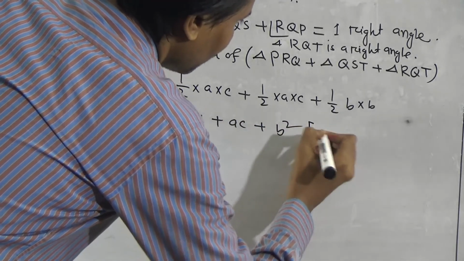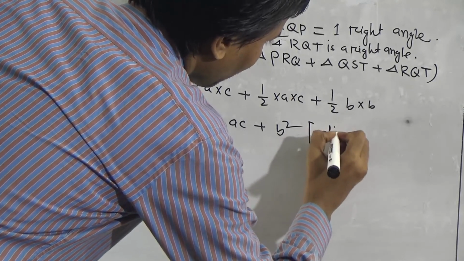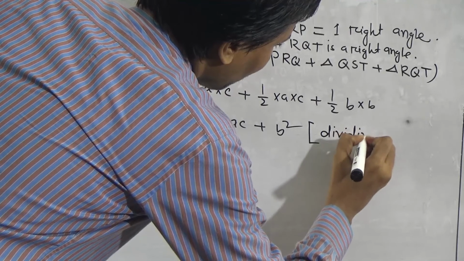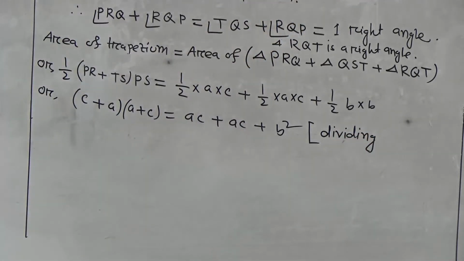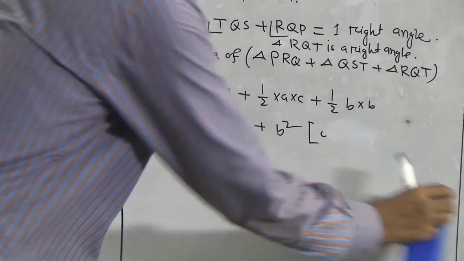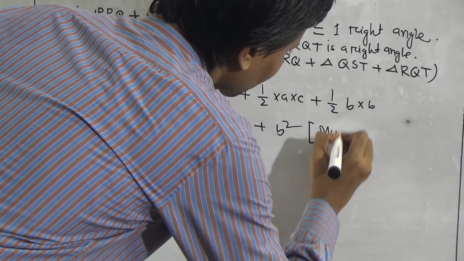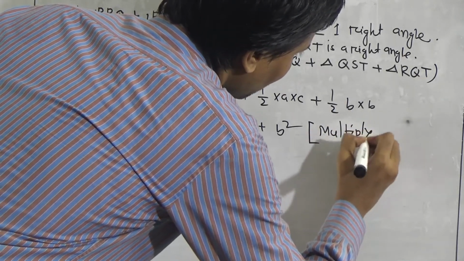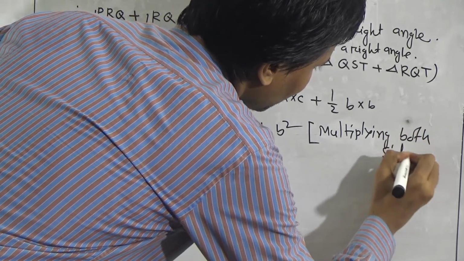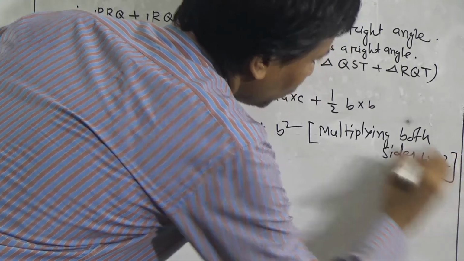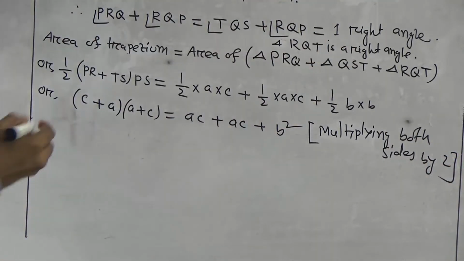Right here, multiplying both sides by 2. You write multiplying both sides by 2. This is better. Multiplying both sides by 2, then all the 2s are vanished, right?